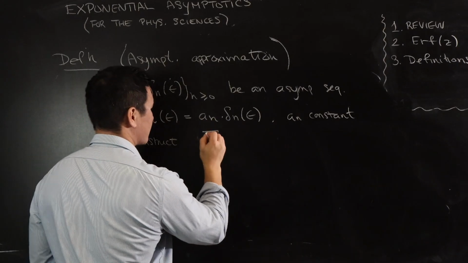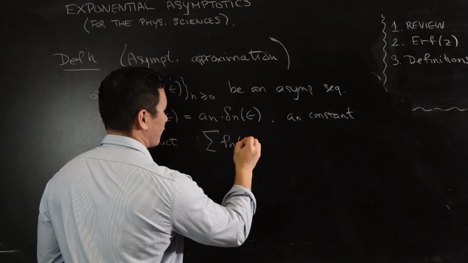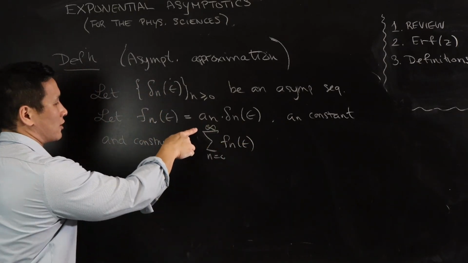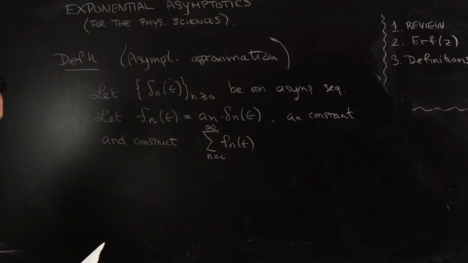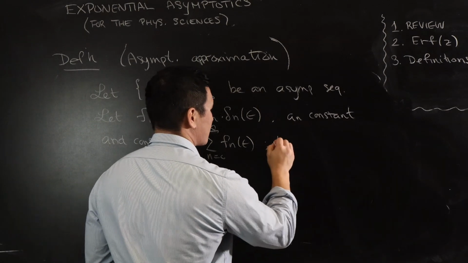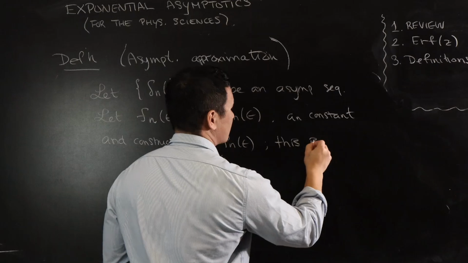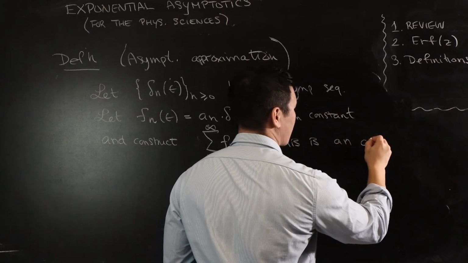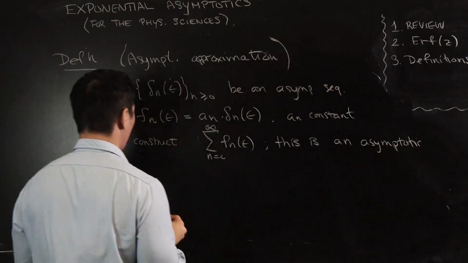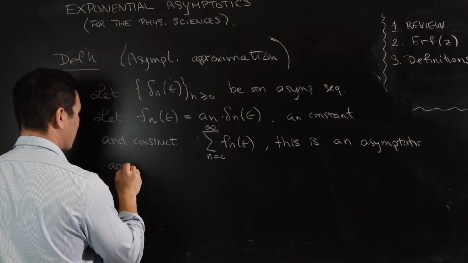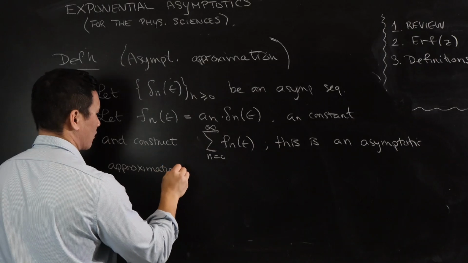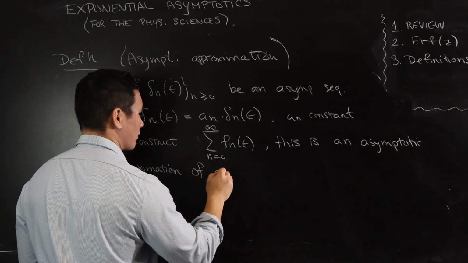I'm just going to call it a series of f n of epsilon from n equals 0 to infinity. I'm going to mention that upper limit in a second. Okay, so this is an asymptotic approximation or expansion of a function.